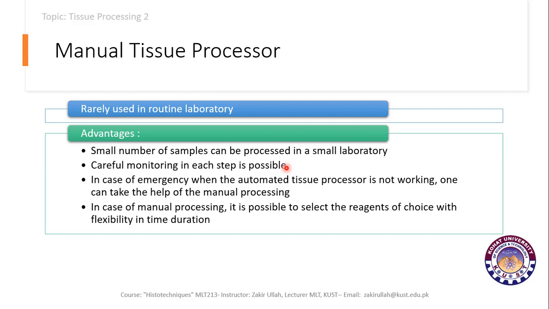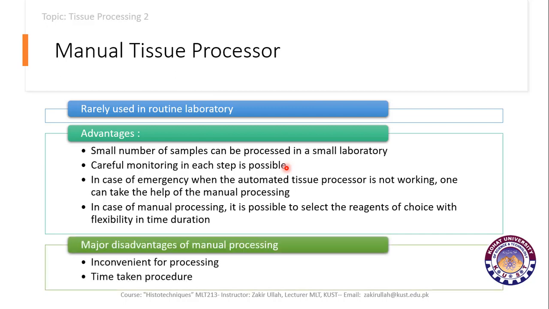We can put the tissue in a reagent and increase or decrease the time depending on the type of tissue. So these are the advantages of manual tissue processing.